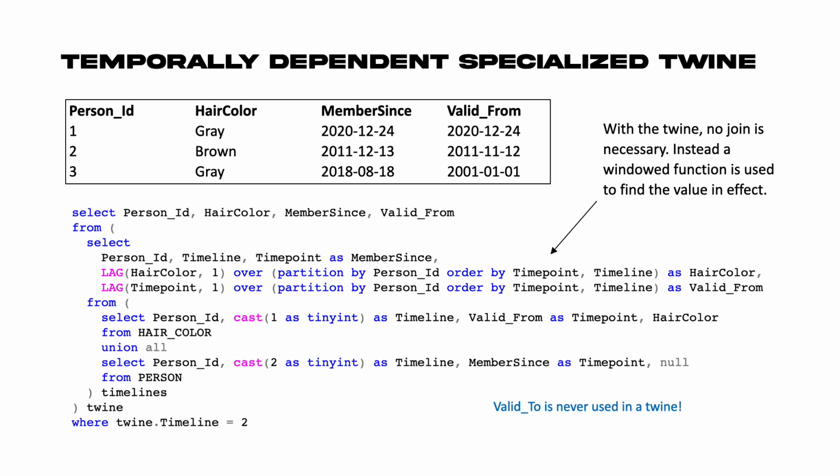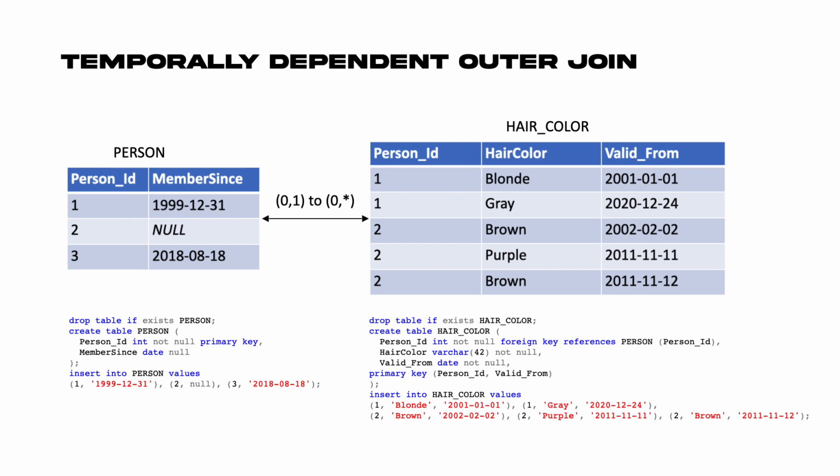There is also, for the temporal dependent types of joins, an outer join case. And in this situation, we are lacking information for person number 3 in the hair color table. But it could also be the case that in the person table, we're missing the member since.